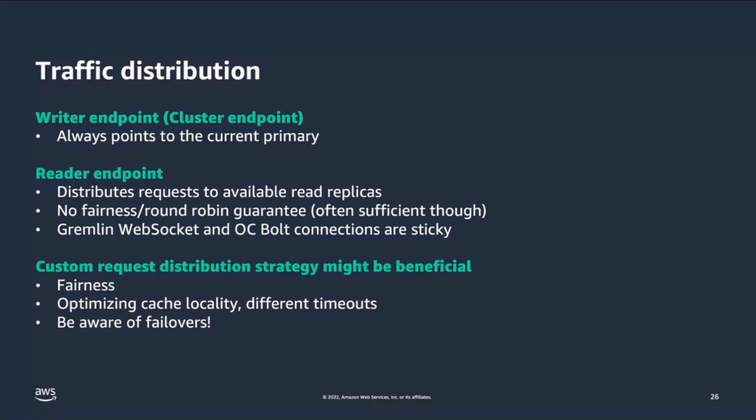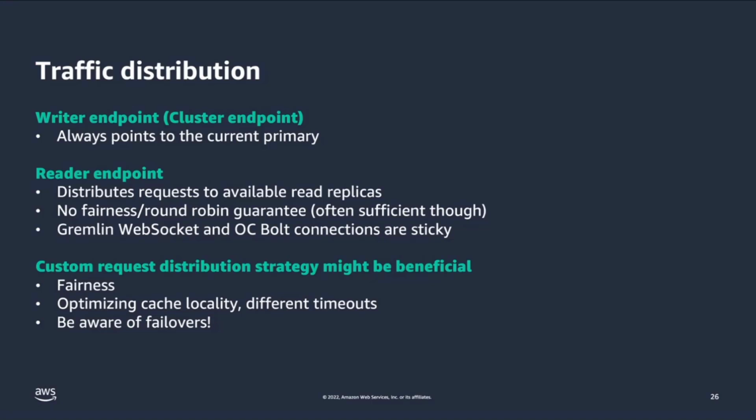One point to note here is if you're using Gremlin with WebSockets or using openCypher Bolt connections, those connections once created are sticky, so they'll stick to a specific read replica. So be aware that you may end up with hotspots in your applications if you are using WebSockets or Bolt.